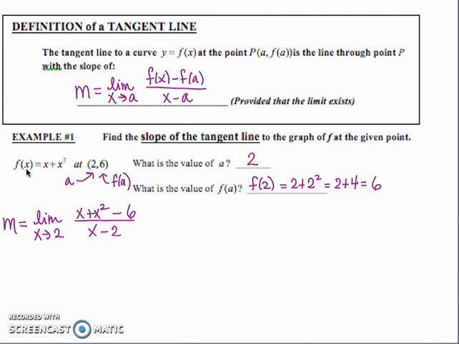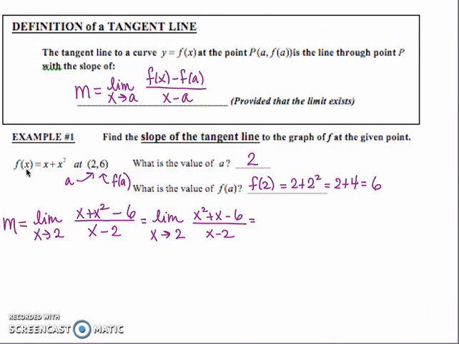And just as before, we can't evaluate this limit by direct substitution because we're going to end up with 0 in the denominator. So I'm going to try to simplify by first rewriting my numerator as a trinomial in descending order, x squared plus x minus 6 over x minus 2.